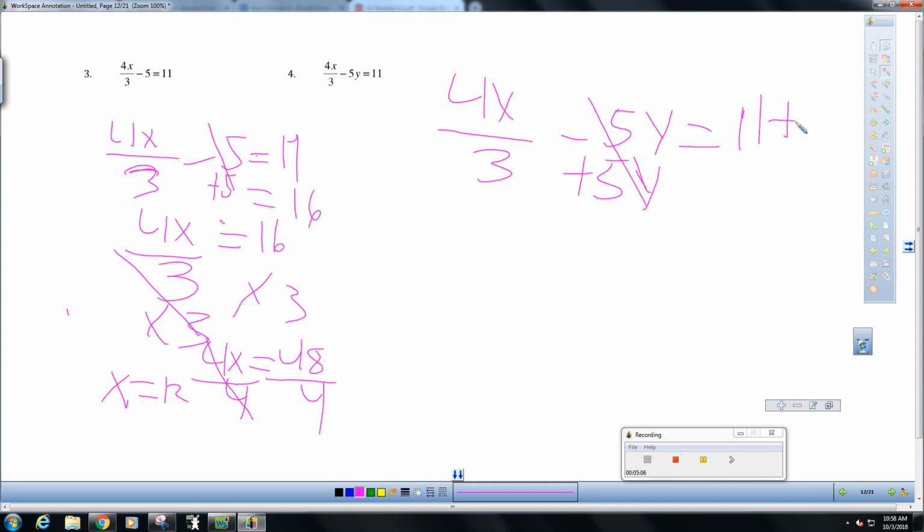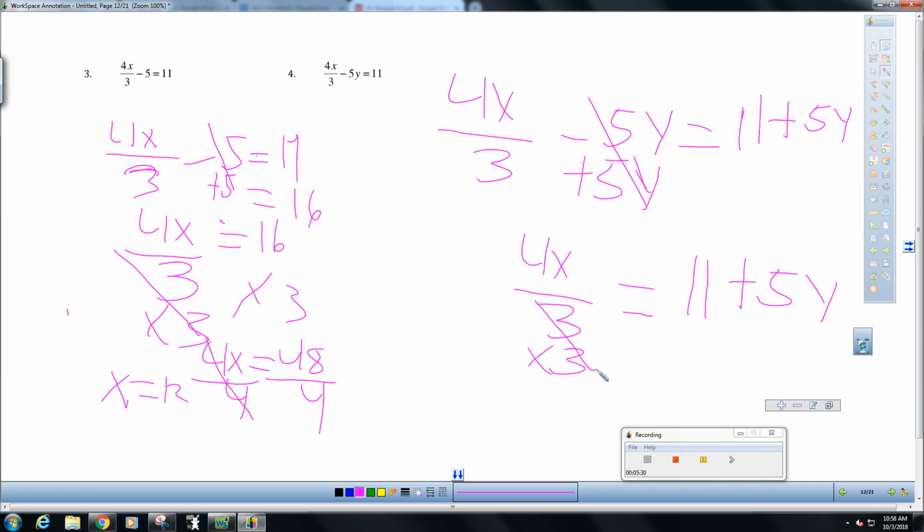Then we got 11 plus 5y. Now we got 4x divided by 3 equals 11 plus 5y. So now we need to multiply by 3 to get rid of the fraction.